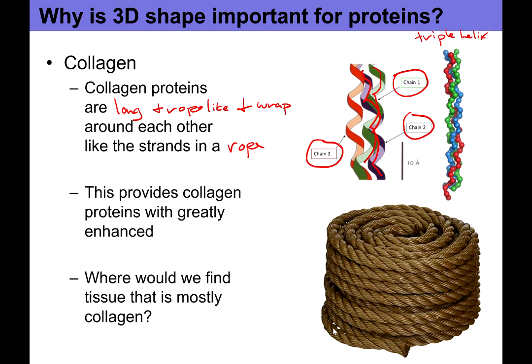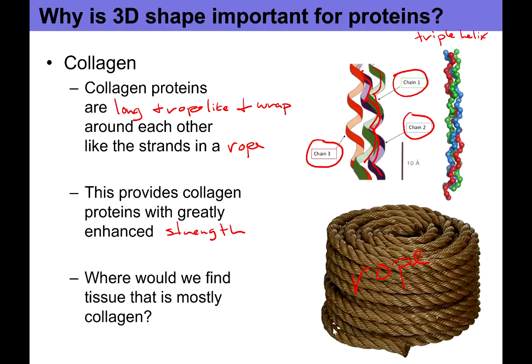The consequence of those strands wrapping around each other is that it makes them very, very strong. It provides collagen protein with greatly enhanced strength. If you were to take a rope, so here's our rope, and tease out any one individual little strand of a rope, they're very small and very thin and pretty weak.